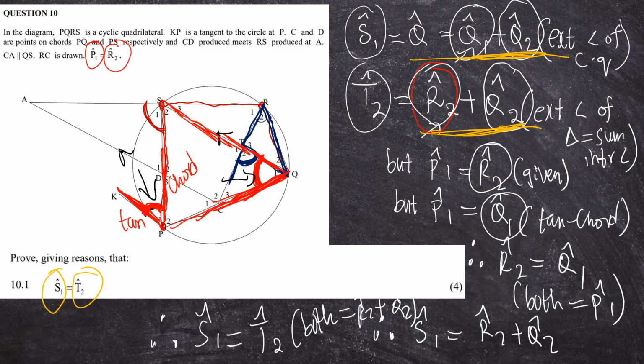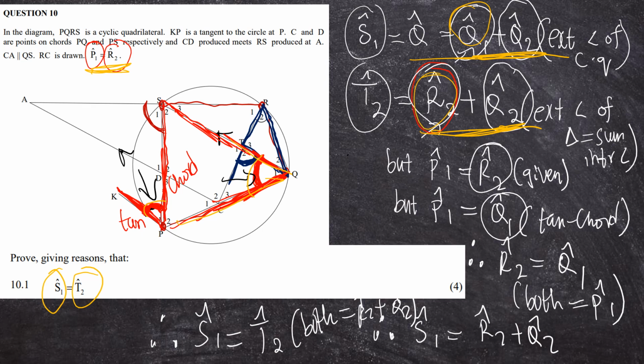It's just left for us to prove that Q1 is the same as R2. Then we check what R2 is equal to. We were given in the information that it is equal to P1, and we do know that P1 was equal to Q1 by Tan-chord theorem. Then we just use that and find the answer. Angle S1 is equal to angle T2.